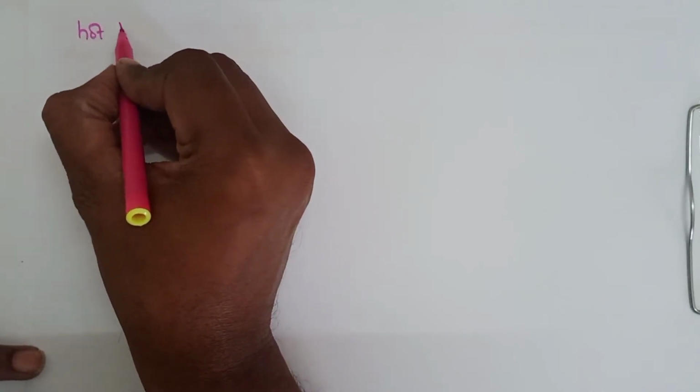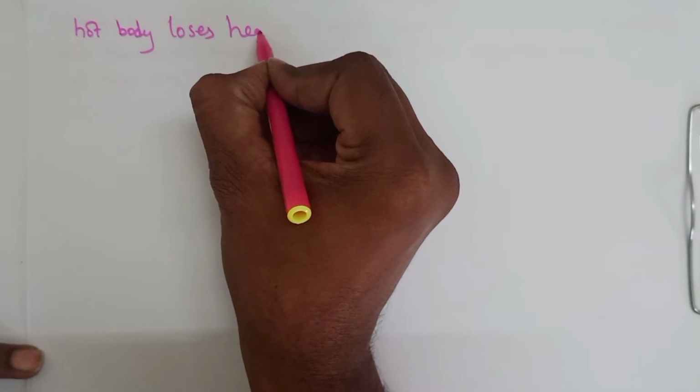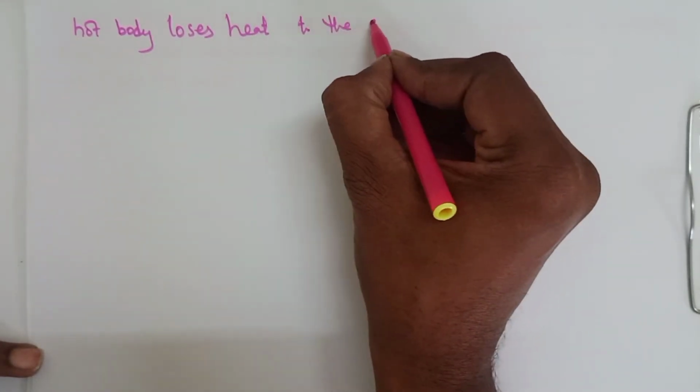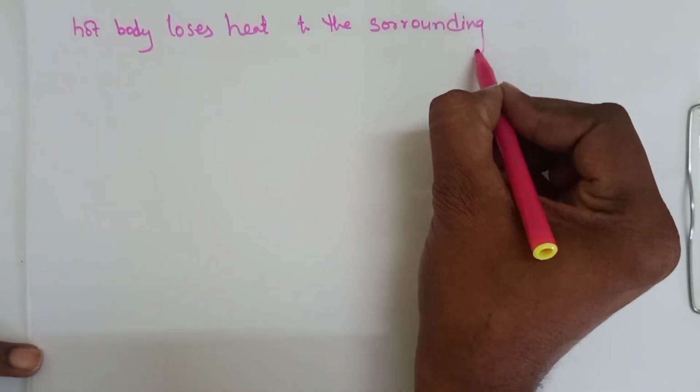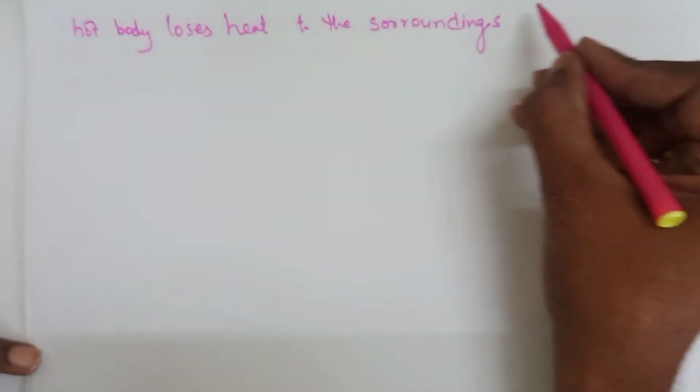Now what was shown in this activity is that a hot body loses heat, like water loses heat to the surroundings, right? In what form?